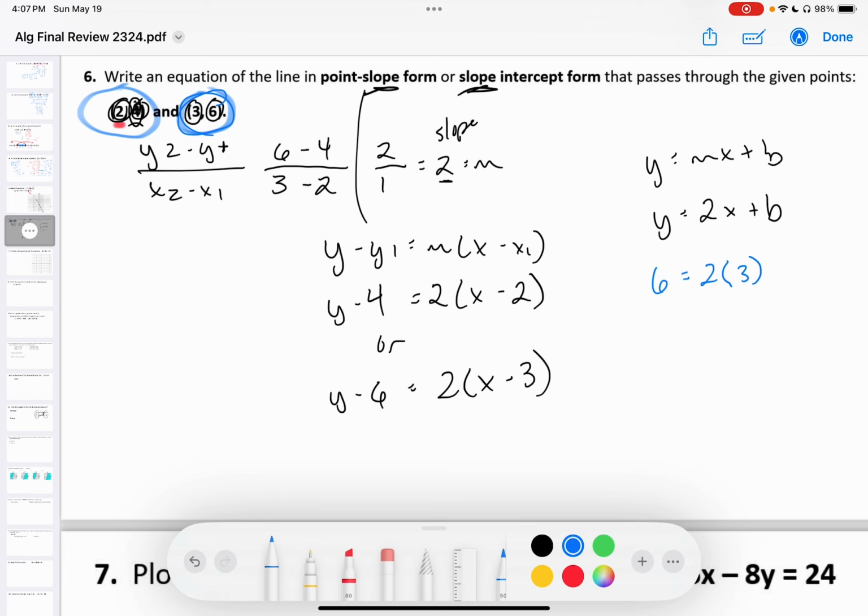Sub in the 3 for x. And then what's left is my b value, so I would do 2 times 3, which is 6. 6 plus something has to equal 6. Obviously, we know that 6 plus 0 equals 6. So my b value is 0. That's a b, not a 6. So we would say it's y equals 2x plus 0, or y equals 2x.